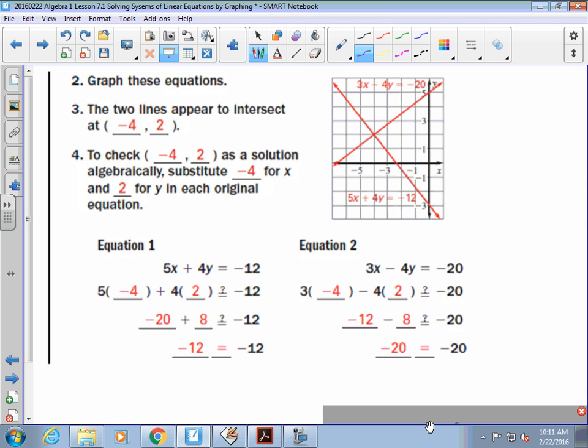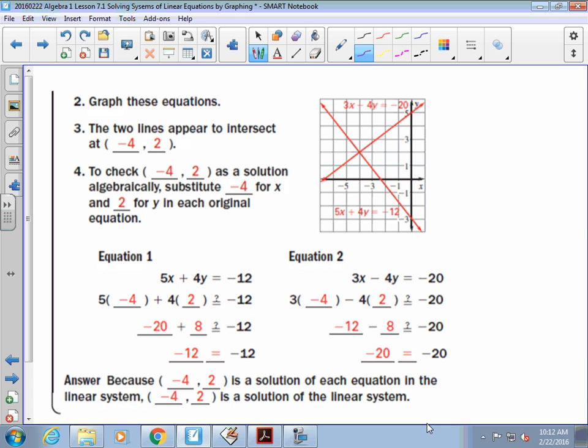Again, we have ourselves a true statement. So we have two true statements, for equation 1, the red one, and equation 2, the blue one. Therefore, because -4, 2 is a solution of each one, it is a solution of the linear system using the graph and check method.